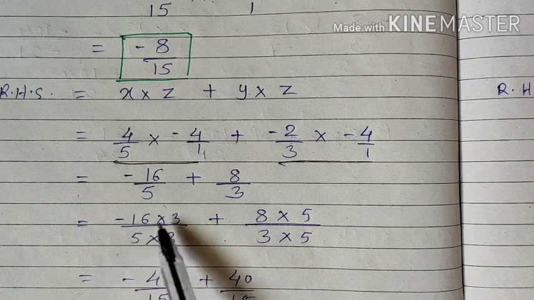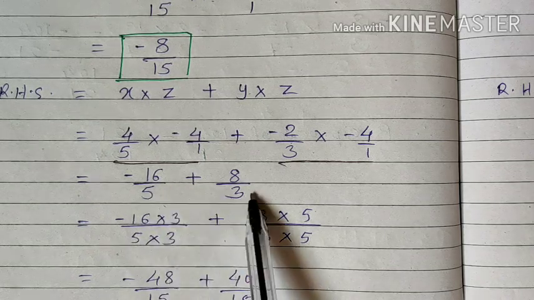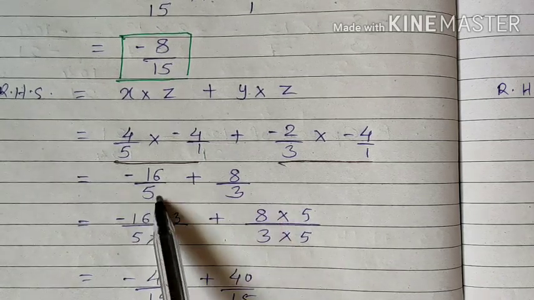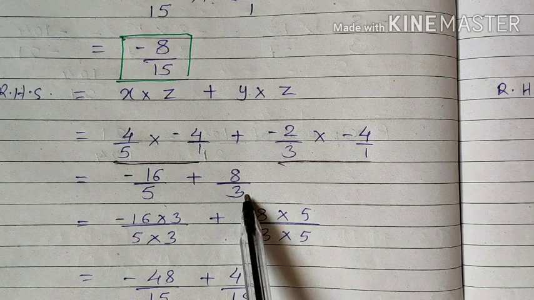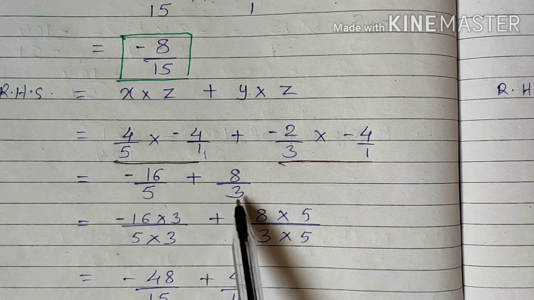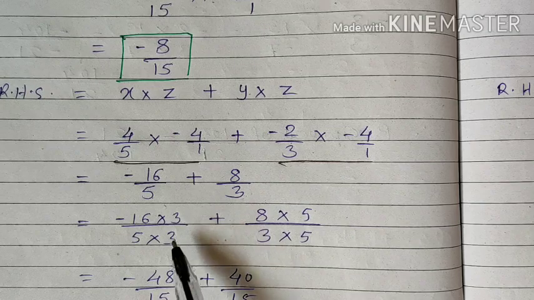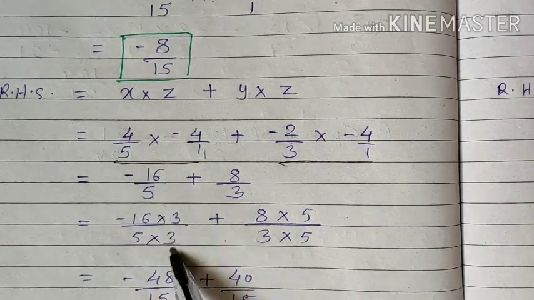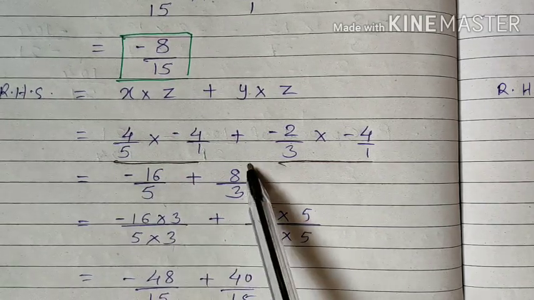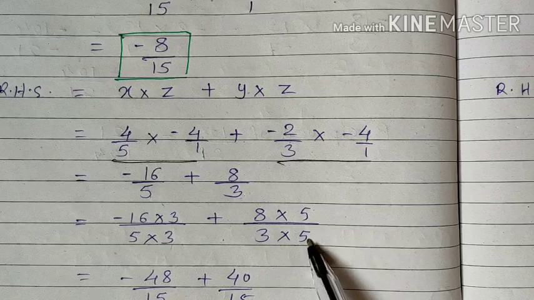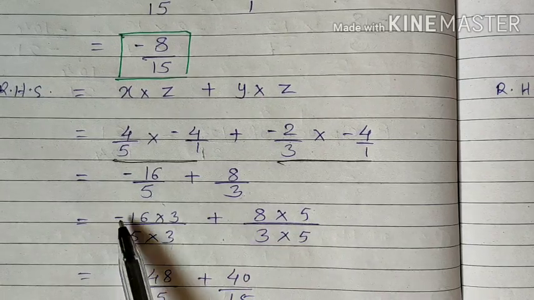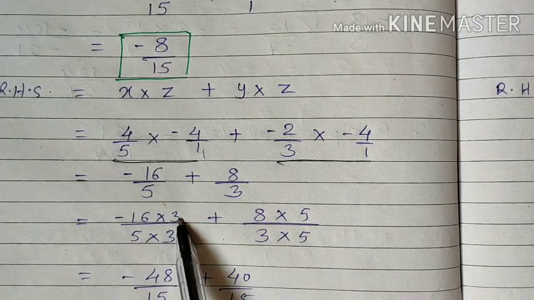Okay. Now, to make an addition of this, their denominators must be equal. But since they are different, the LCM of 5 and 3 is 15. So multiply the first number by 3 in both numerator and denominator, and the second number by 5 in both.